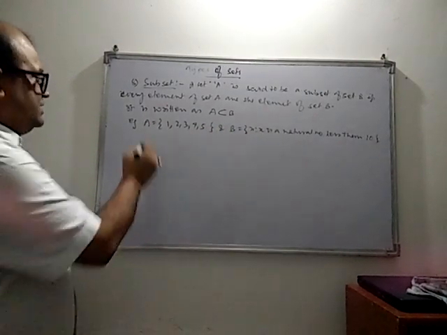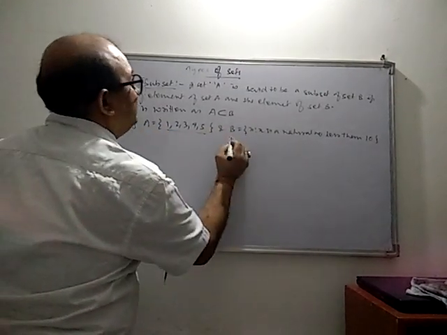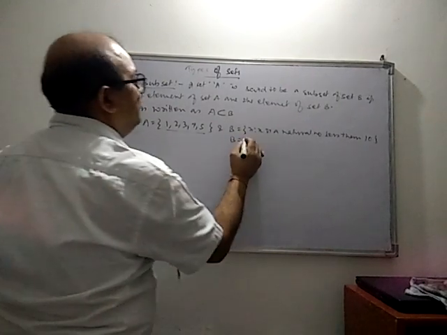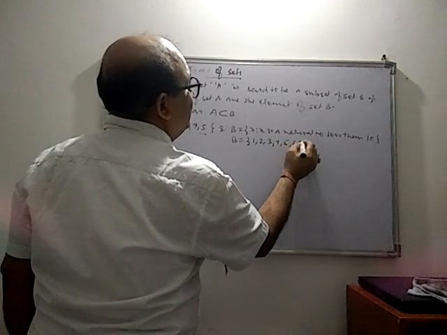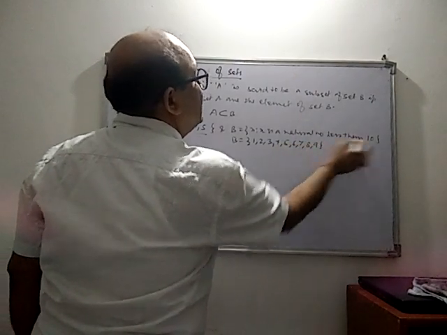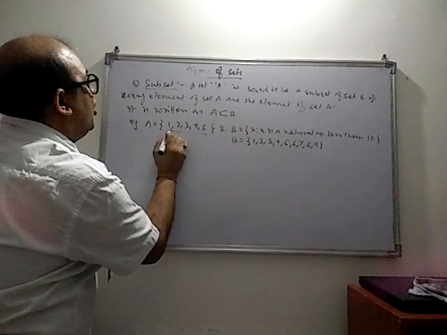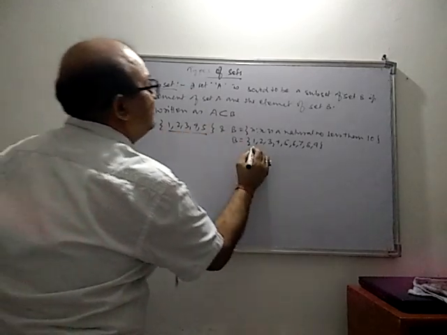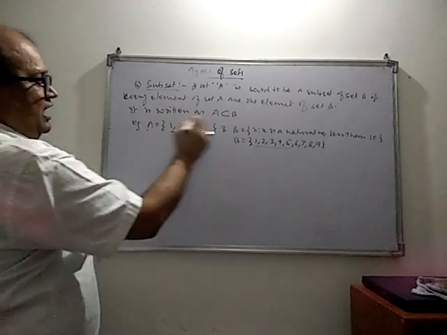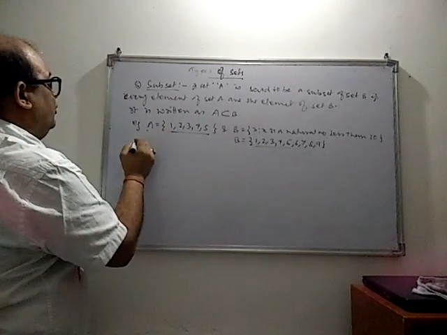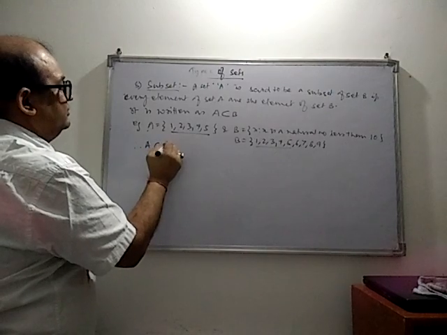If you write B in tabular form, it will be 1, 2, 3, 4, 5, 6, 7, 8, 9. All elements of A are also elements of set B, therefore A is a subset of B.